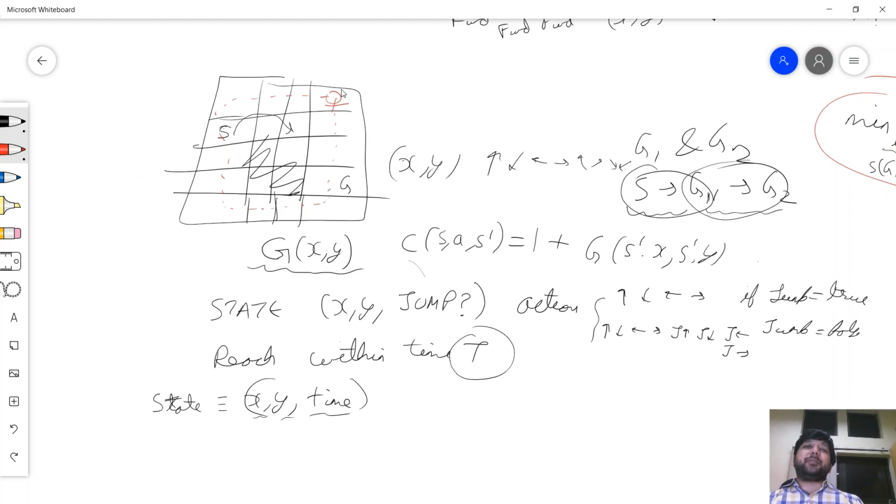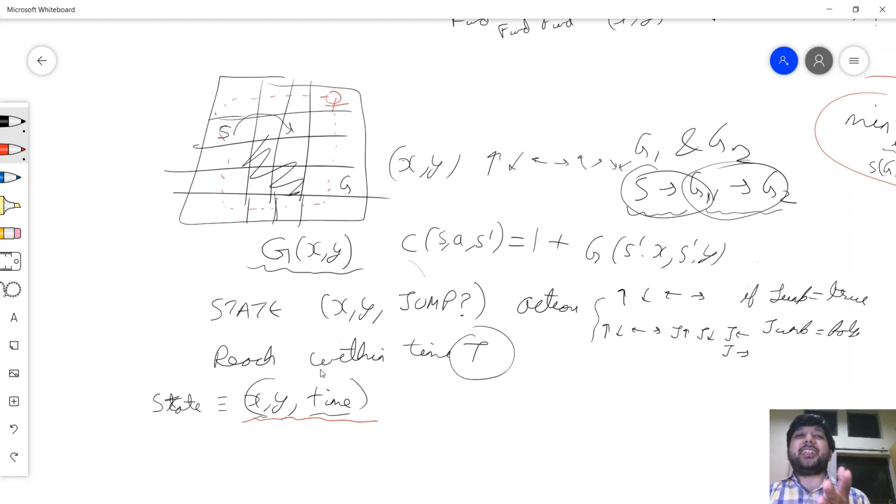And because the trajectory of the person is exactly known, even though your map is changing with time, the changes in the map are known well in advance, again the state happens to be x, y, and time alone. Why is time important here? Because time decides what the map is. The map is changing with time. Time decides what the map is. So my state is x, y, as well as time. The actions are common. So it's again three-dimensional in nature.